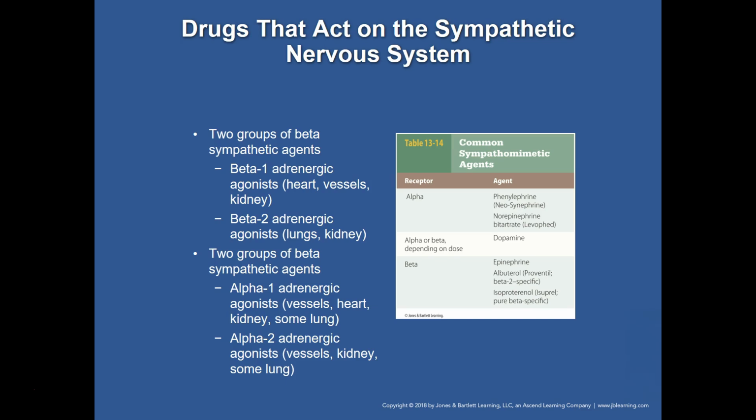Albuterol is a beta 2 agonist, and it's going to act in the lungs. It's going to cause some bronchodilation. And then alpha, if we give somebody dopamine, what we're looking for is the alpha response in the dopamine to cause vasoconstriction.